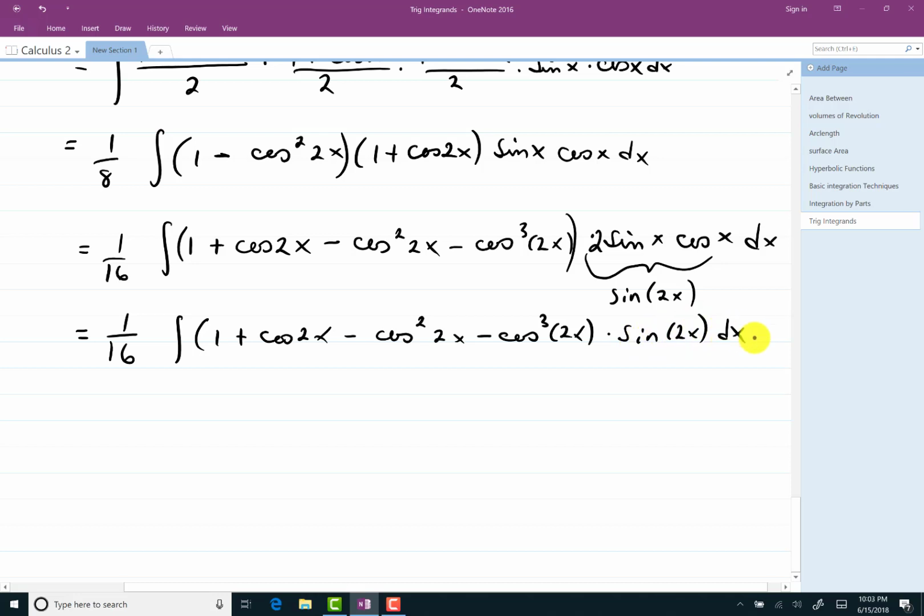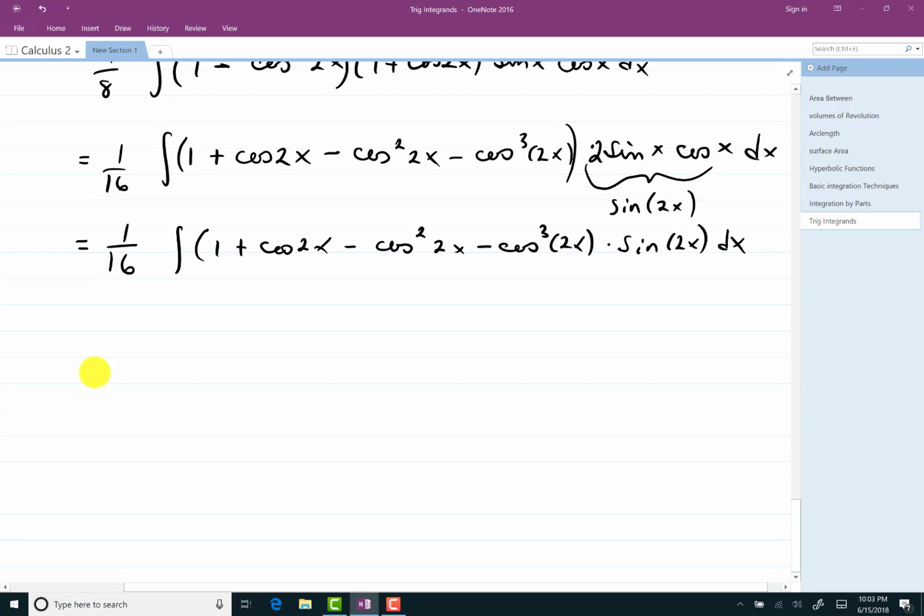And now I have a nice u du thing that I can use. If I let u be cosine of 2x, du will be negative sine of 2x times 2. So let's do that. u equals cosine of 2x. du equals negative sine of 2x times 2. Remember the chain rule.